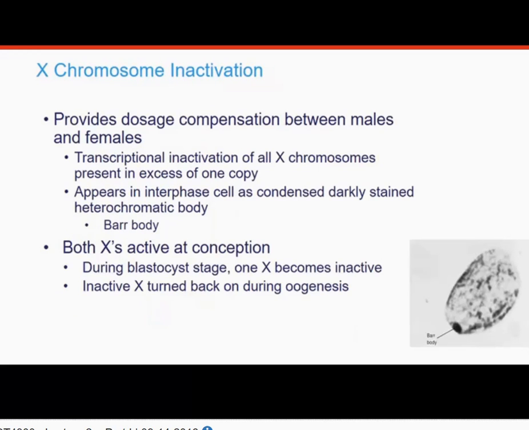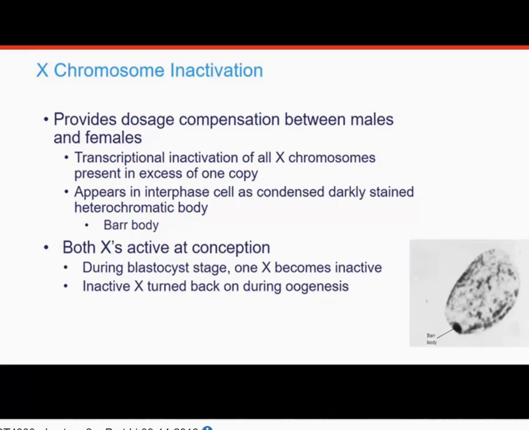So let's talk a little bit about X chromosome inactivation. Females have two X's, and as I mentioned, there are the pseudo-autosomal regions on XP, YP, XQ, YQ, but in between there are a lot of genes on the X chromosome that females have two copies of that males only have one copy of.